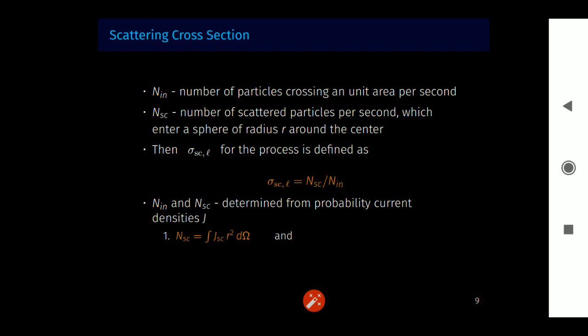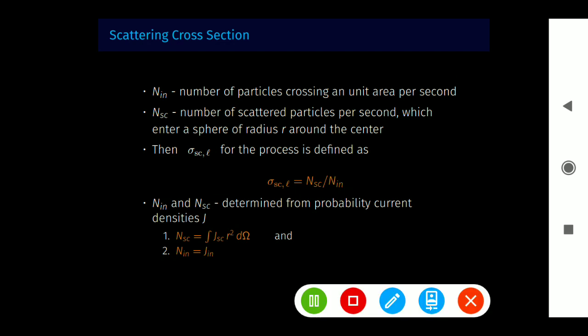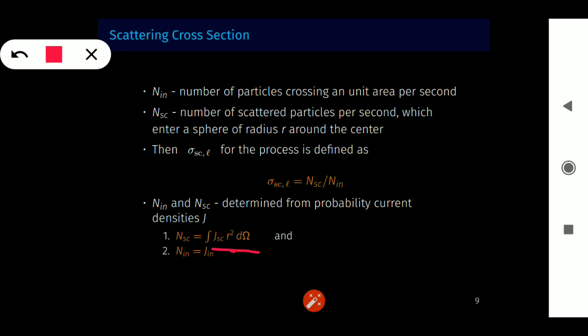N scattered is the integration over all angles of J scattered times r² times dΩ, where dΩ is the solid angle, and N incident is the incident probability current density itself. Whatever you estimate from the probability current density for the incident wave, that itself is N incident. For the scattered wave, we have to integrate over all angles because the scattering can take place in all possible directions. That's why.